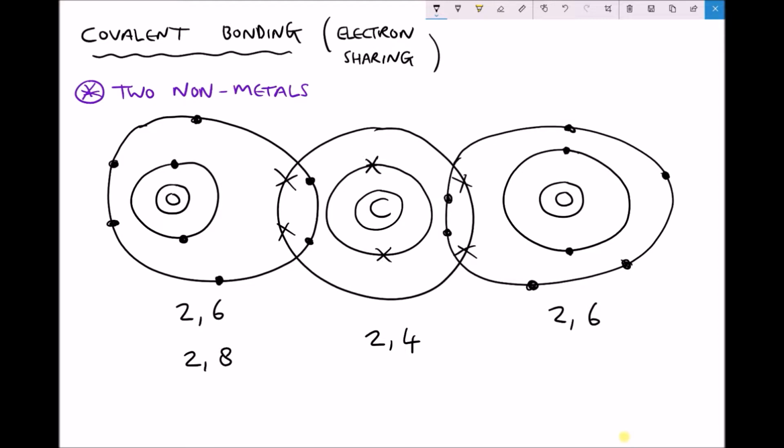We have carbon in the centre that has 2 on the inside shell of its own, plus 4, but then it's sharing 4 electrons from the oxygen. And the same for the oxygen on the right hand side. What we see pictured here is one of the products of combustion, the gas carbon dioxide, which is written as CO2, 1 carbon atom with 2 oxygen atoms.